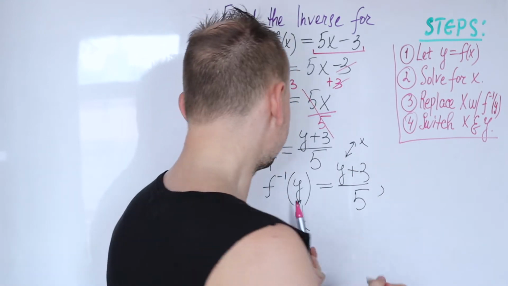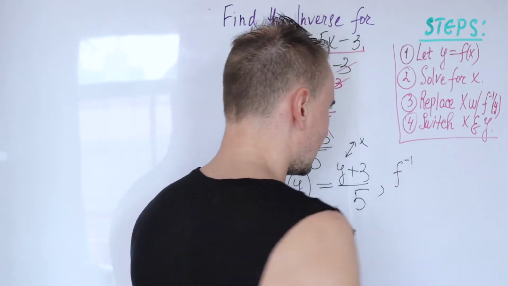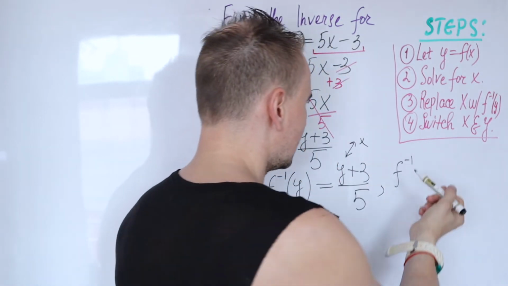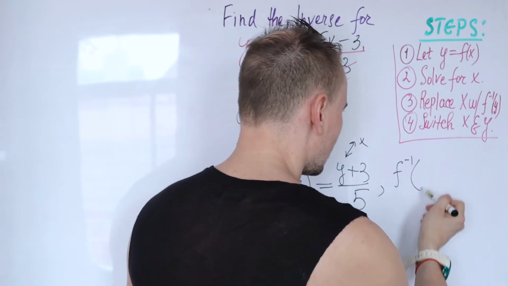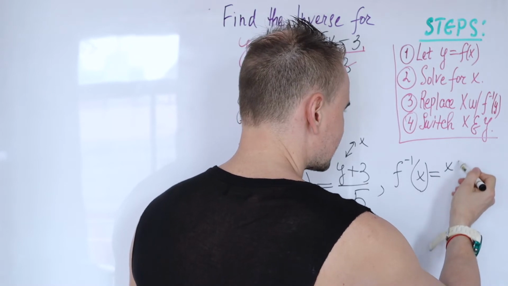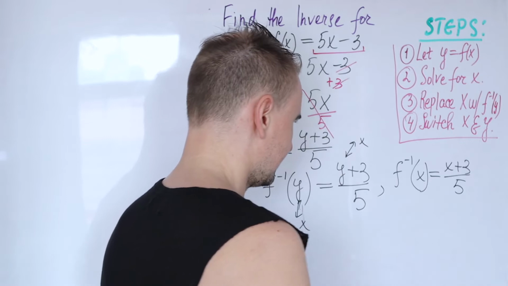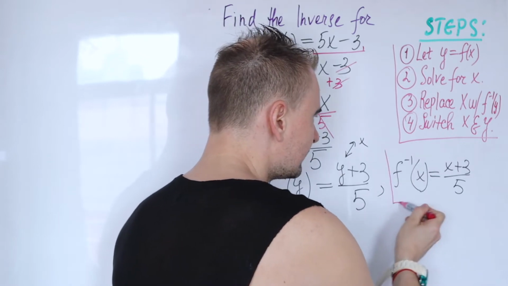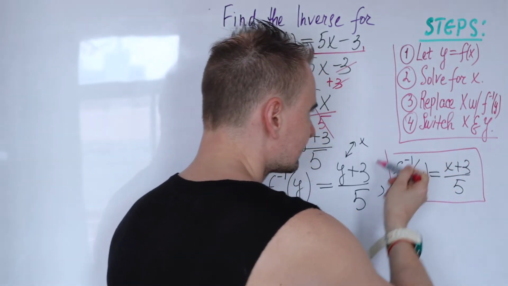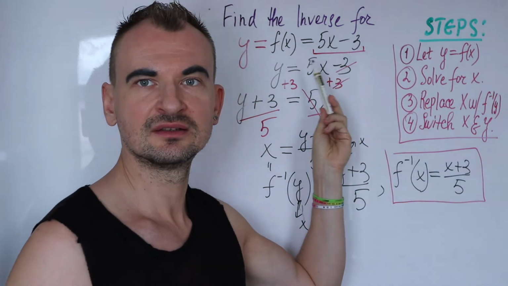So we're left with f negative 1 as a superscript of x equals x plus 3 over 5. This is your inverse function for that one.